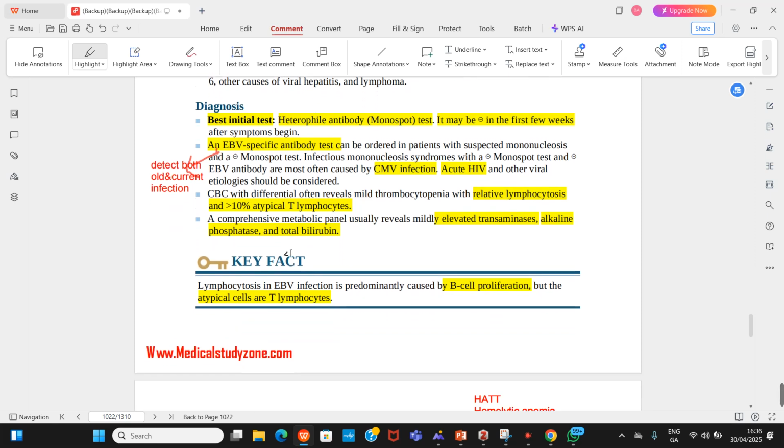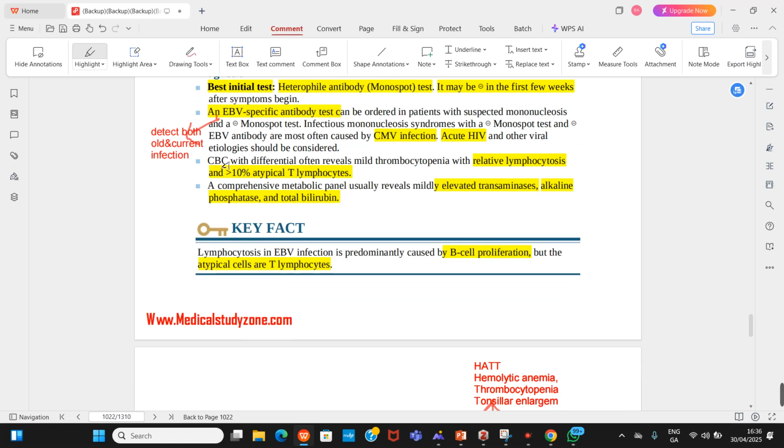Even though this is the best next step, order the heterophile antibody test. If that is negative and you have a high index of suspicion, do your EBV-specific antibody. You can also do ancillary tests like the complete blood count, where we are going to see relative lymphocytosis with more than 10% constituted by atypical T lymphocytes reacting to the proliferating B cells.